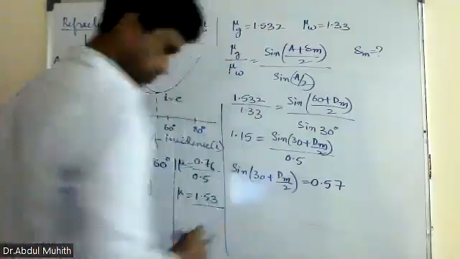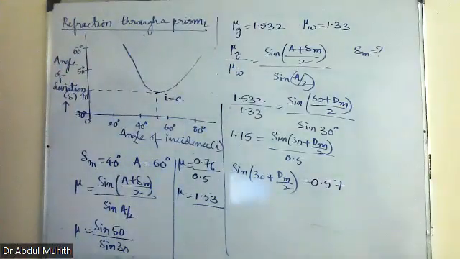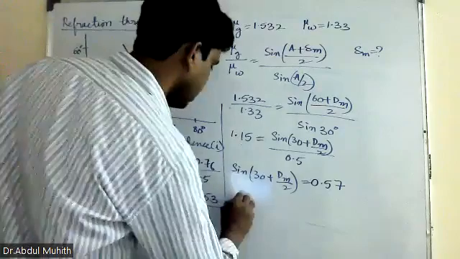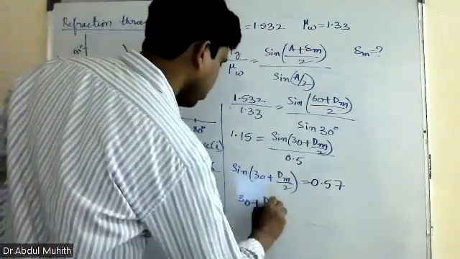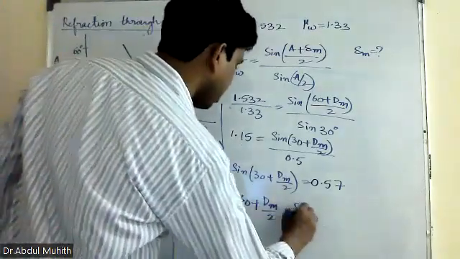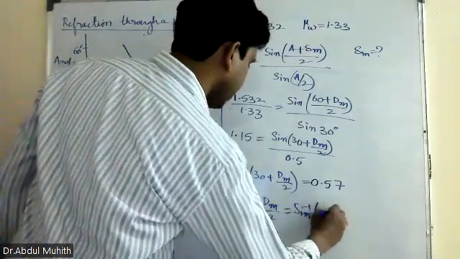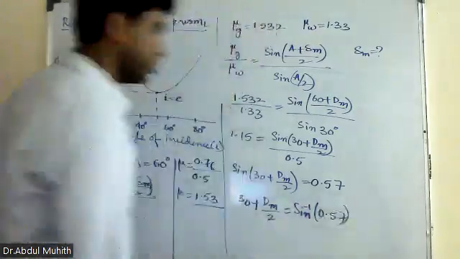0.57 you got. Now we are going to solve this value. So 30 plus dm by 2 equals the sine inverse of 0.57.